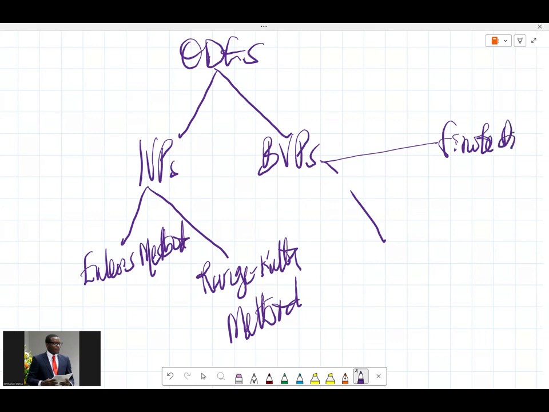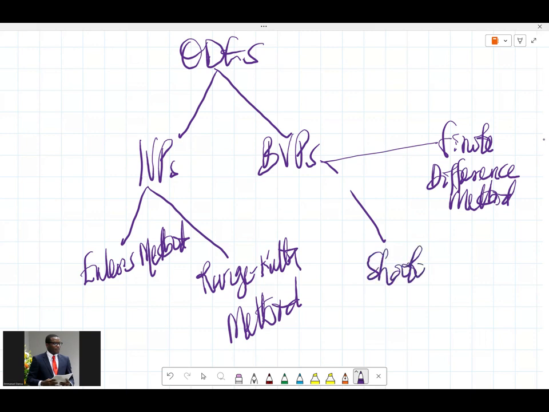We first encountered finite differences when we talked about numerical differentiation, so finite difference is also useful here. And then we have what is called the shooting method, another method for solving boundary value problems.